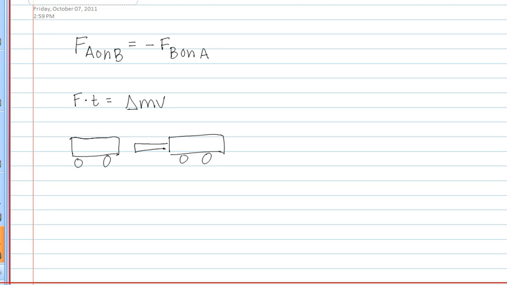Looking at Newton's third law, we know that the amount of force the spring applied to cart A had to equal the amount of force cart A pushed on cart B. Therefore, it's pretty easy to see that carts A and B both had the same amount of force.